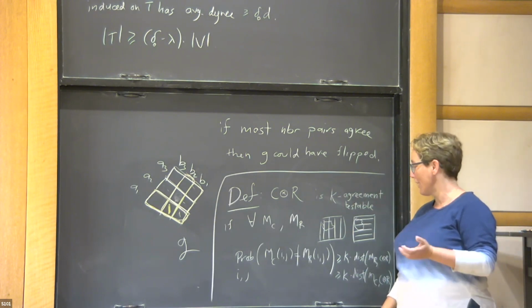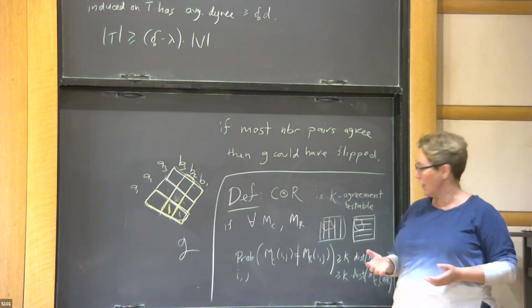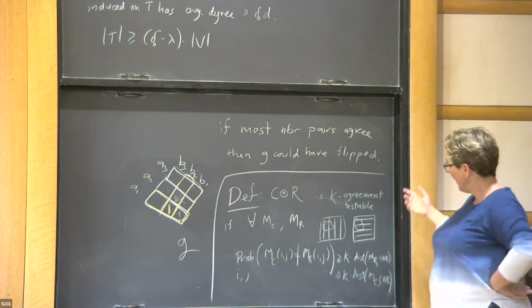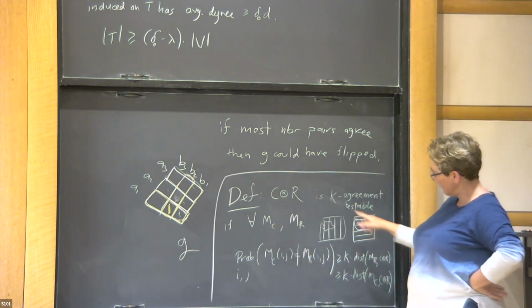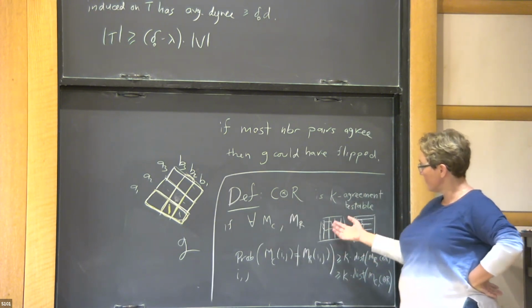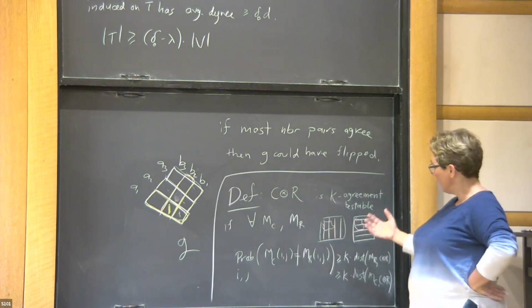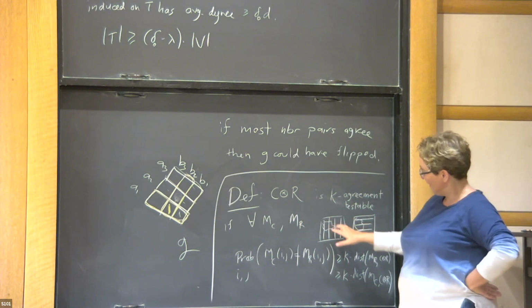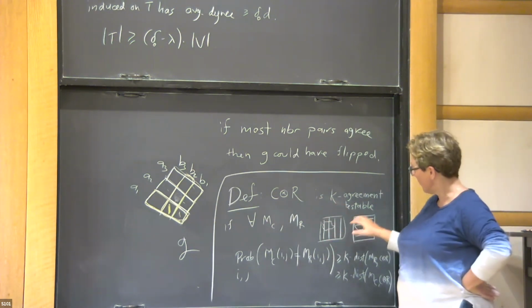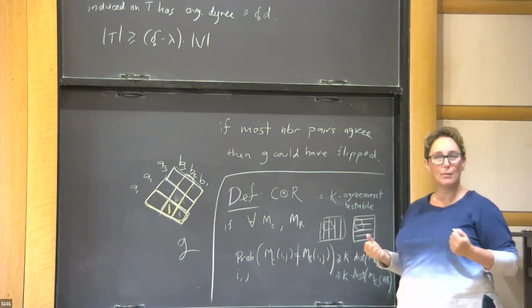And maybe the proof should also work for 2. But then Paul Valiant found a counterexample. What did he find? He found 2 codes, C and R, and 2 matrices like this, such that the matrices are quite close to each other. You can fix the columns or you can fix the rows, but you cannot do it simultaneously.